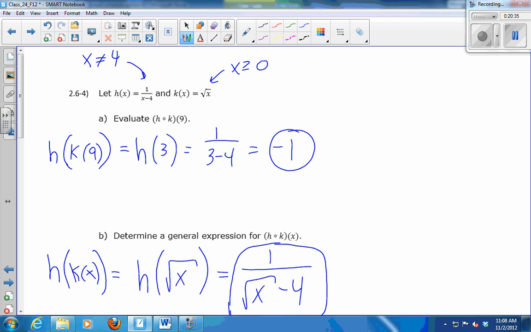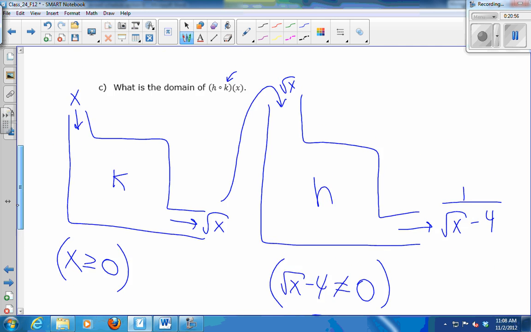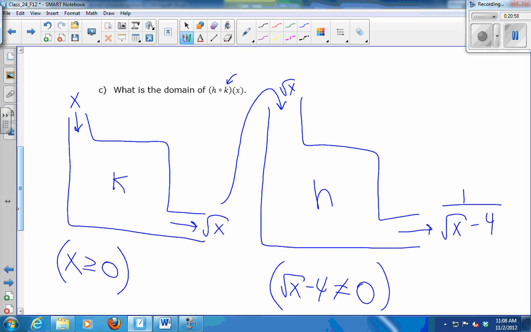The 16 comes from the fact that the square root of x can't be 4, because you're not plugging x's in there, you're plugging square root of x's in. So it takes a little bit of thought to figure out what the restrictions are in a composition. And it really helps if you just draw the picture, because it helps you remember what's going into that second function.